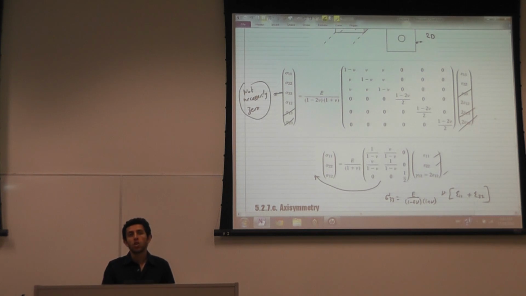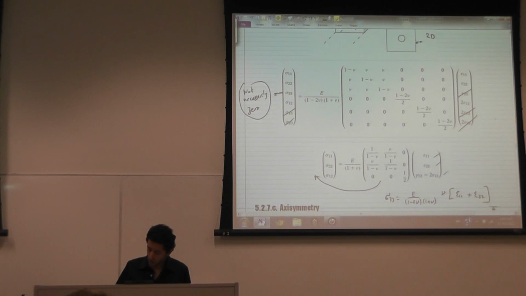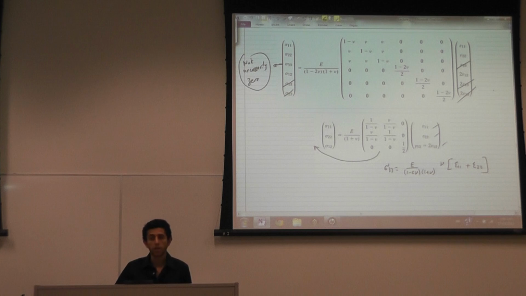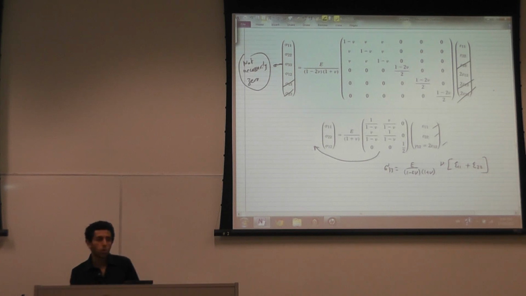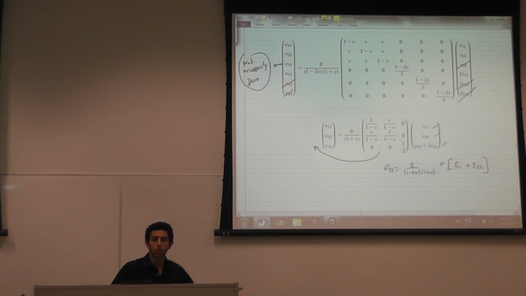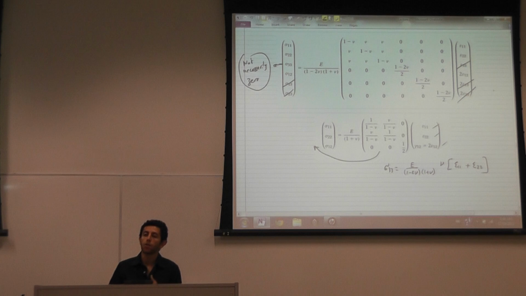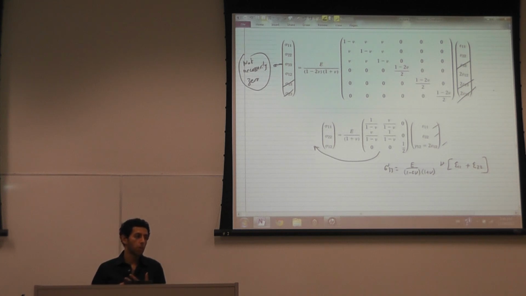Now sometimes, for some materials, for some models, I've seen it where because the exact condition is unknown, people say, okay, well, I'm going to use the plane strain assumption as one extreme, and the plane stress assumption as another extreme, and try to see what are the extremes of my possibilities of my model.